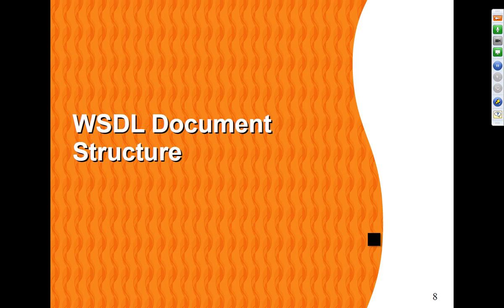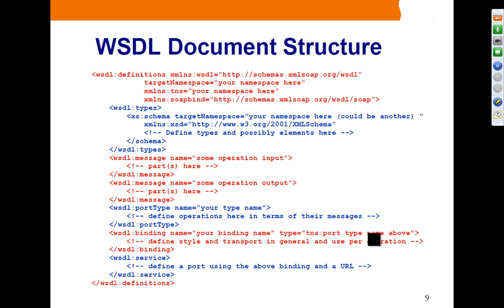All right, so let's move on to document structure. This is the complete WSDL document structure. Here we have defined the WSDL namespace, and the prefix is wsdl. So we are using the wsdl prefix for all elements defined in the WSDL namespace, like definitions, types, message, portType, binding, and service.